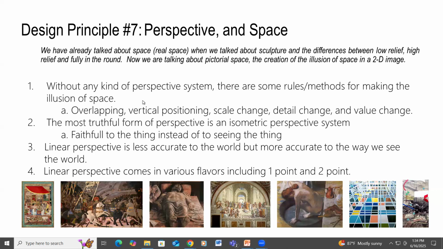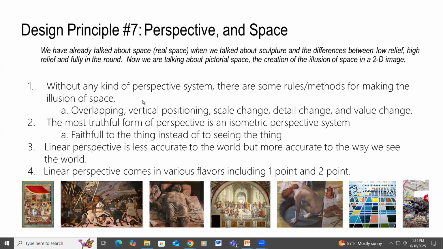If you remember, we've already talked about space back in Unit 4 when we were talking about scale and space and scale relating to proportion and hierarchy and emphasis. And in that lecture, we covered space a good deal, and we've kind of been mentioning space in a number of things. It also came up a lot when we were discussing form and discussing sculpture.